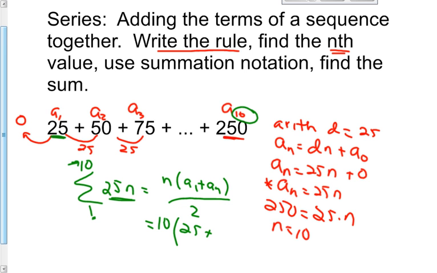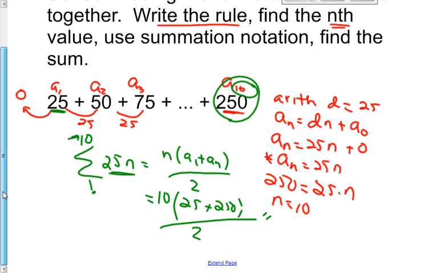Plus, a sub n is the value of the last term. The last term in our sequence is 250. And then we're going to divide by 2. You can just get your calculator out. 25 plus 250, take that answer, times 10, and divide by 2. 1375 is what you should come up with for that one.